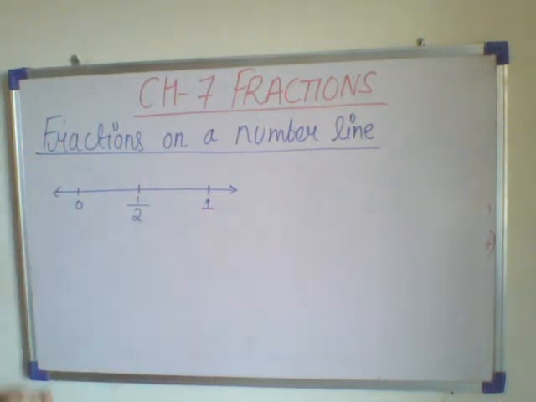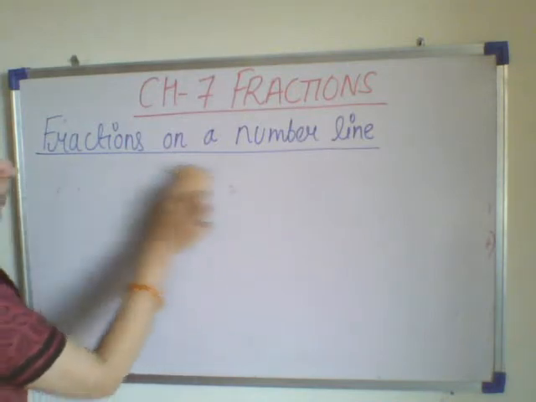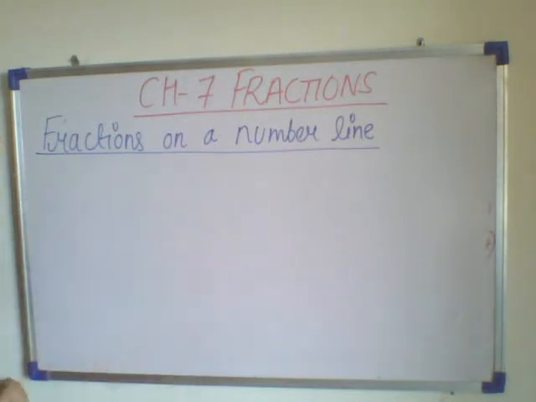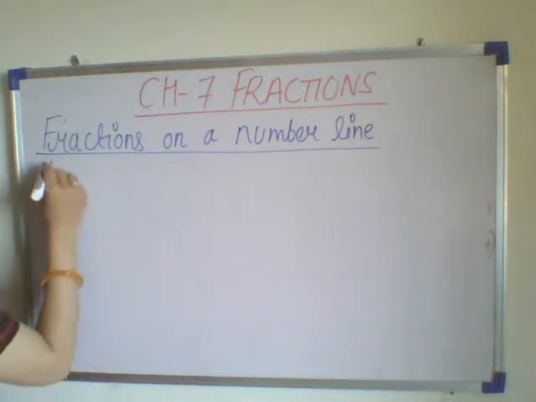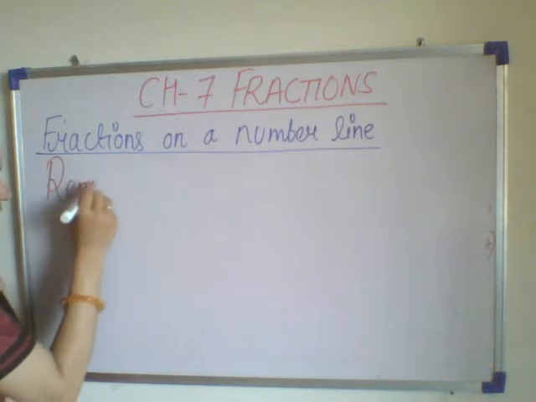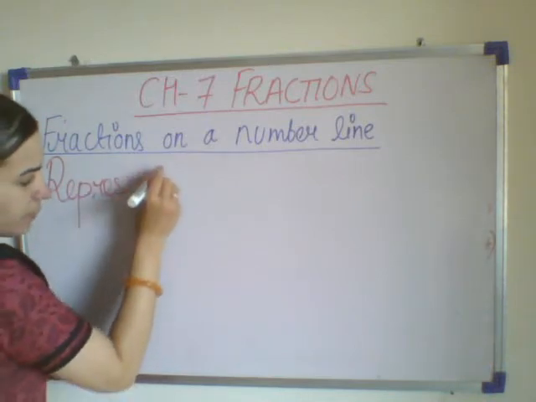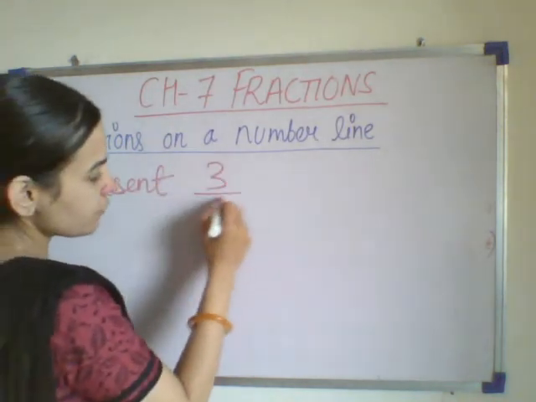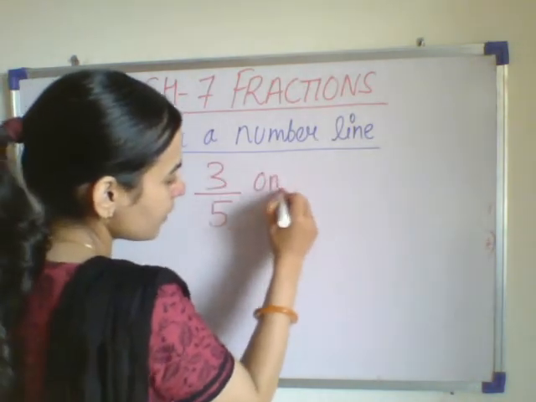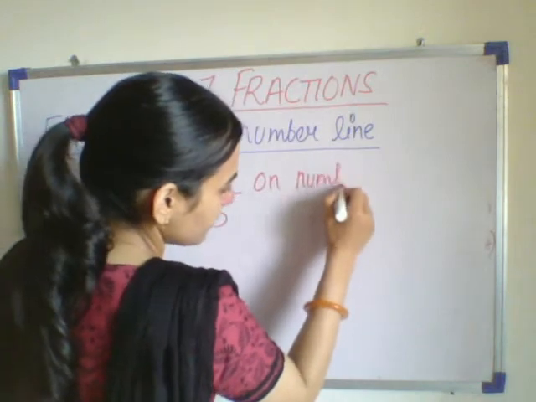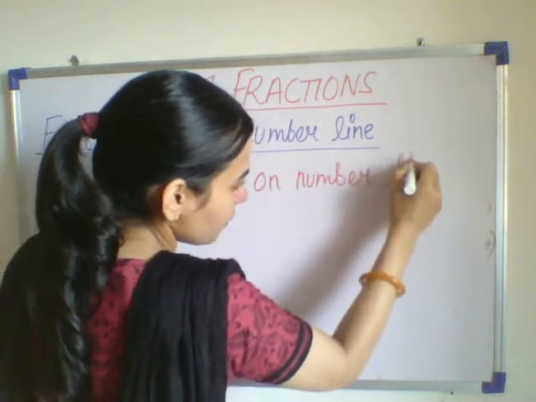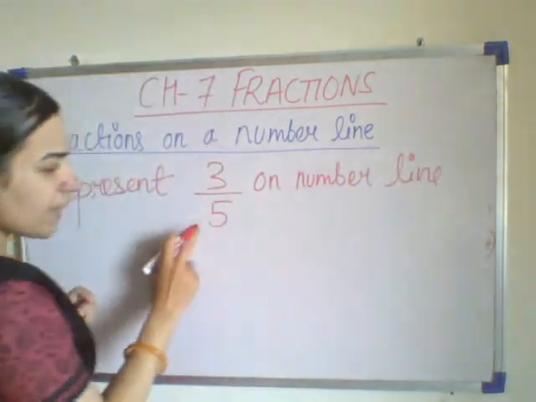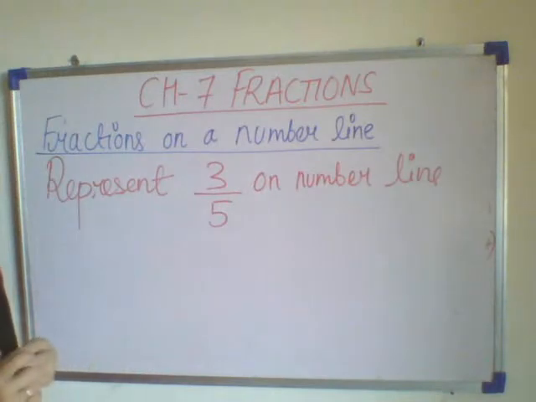Now let us do one question so that you are able to understand how to represent fractions on a given line. In the question, we have to represent 3 by 5 on the number line.